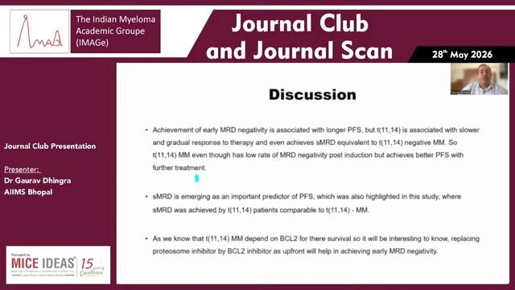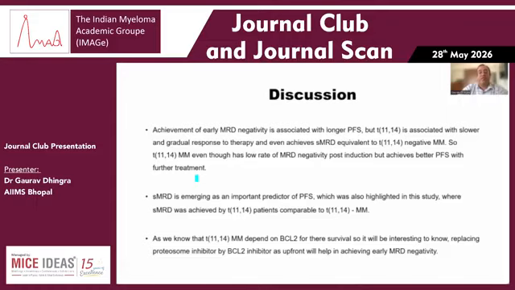So achievement of early MRD negativity is associated with longer progression-free survival, but translocation 11;14 positive patients are associated with a slower and gradual response to therapy, and even achieve sustained MRD negativity equivalent to translocation 11;14 negative myeloma.